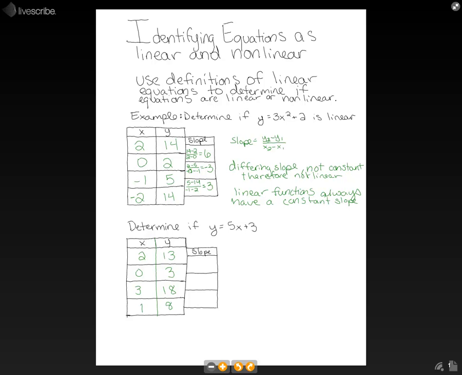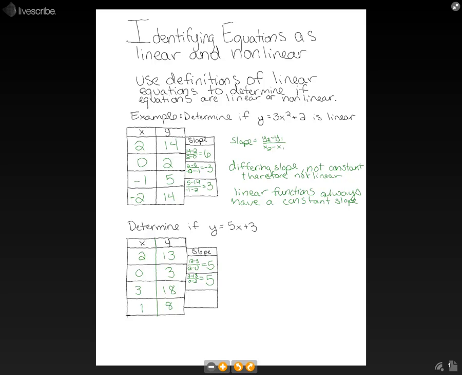So calculating our slope like above, we'll have 13 minus 3 divided by 2 minus 0. So we'll get a slope of 5. In our next set we'll have 3 minus 18 divided by 0 minus 3. So that would be -15 over -3, which reduces to just 5.